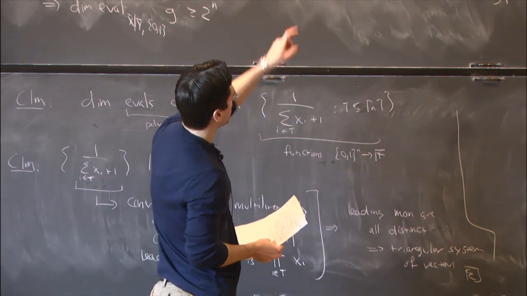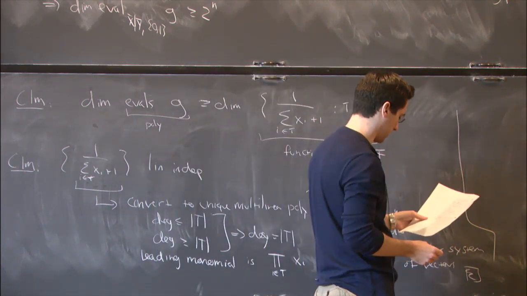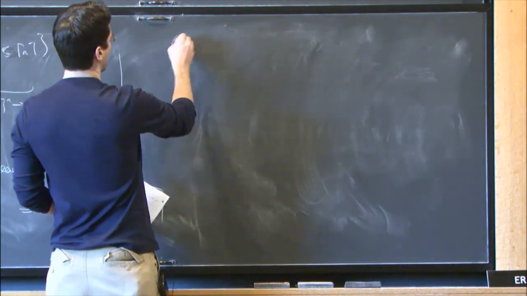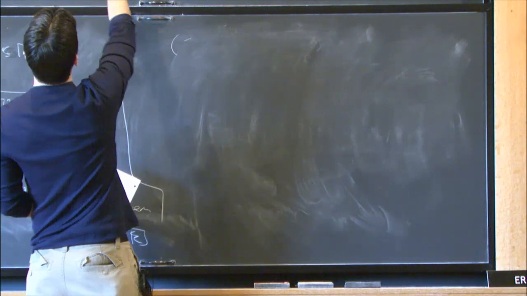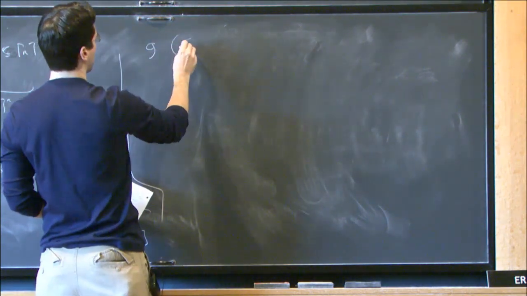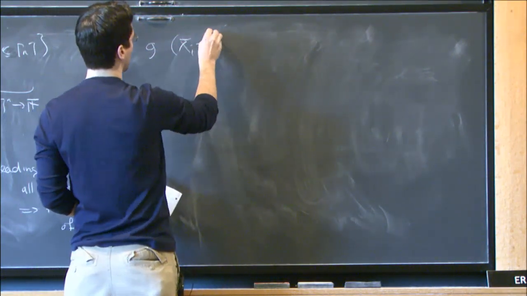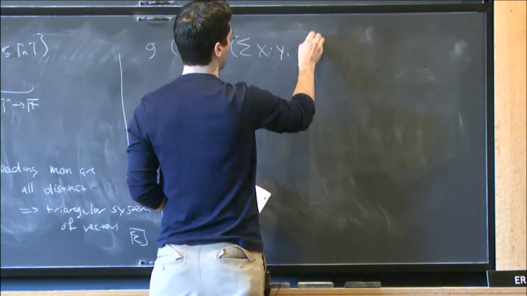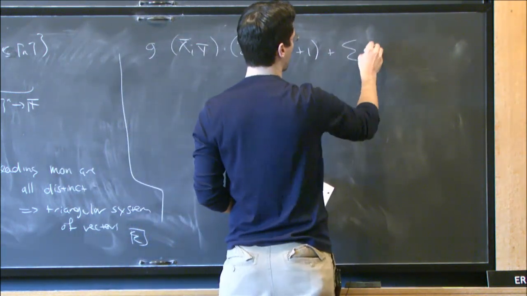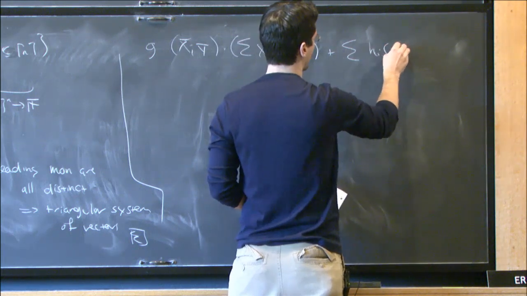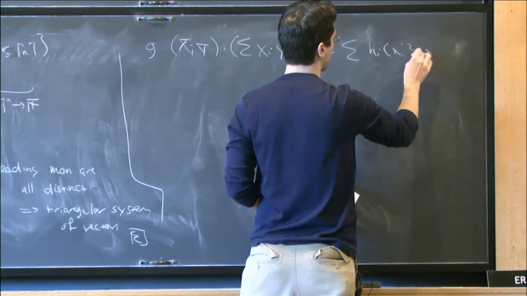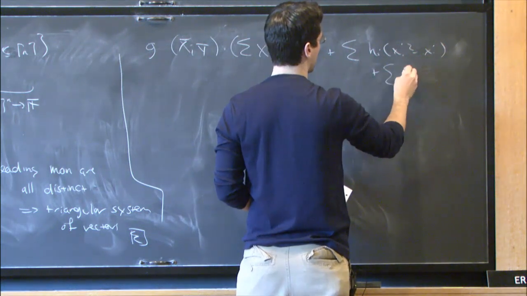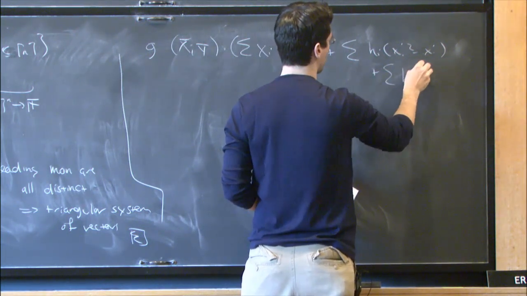Let me rederive it since I erased it. So basically, we want to consider an IPS refutation of this system, and what would that look like? You have g of xy, you multiply it by this inner product thing, and then you have summation hi xi plus 1 plus summation hi prime.